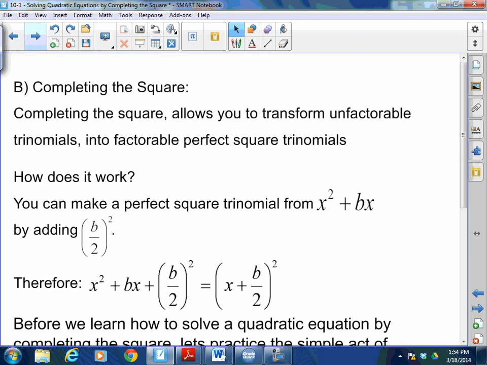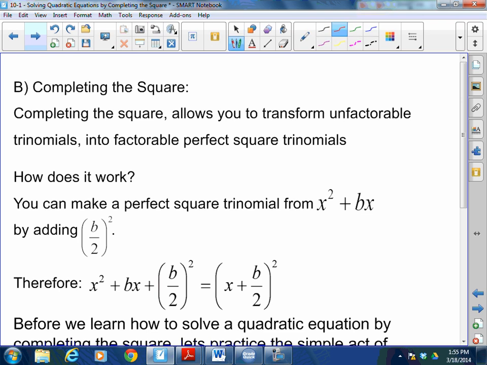Completing the square. Okay, completing the square. Completing the square allows you to transform unfactorable trinomials into factorable perfect square trinomials.